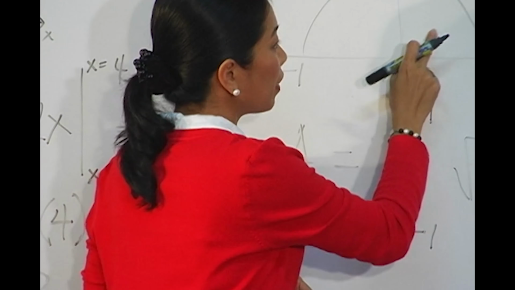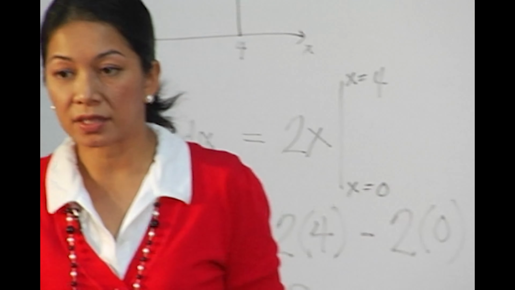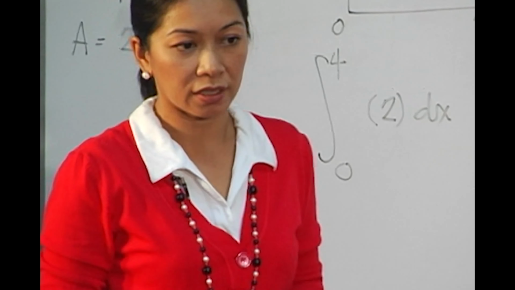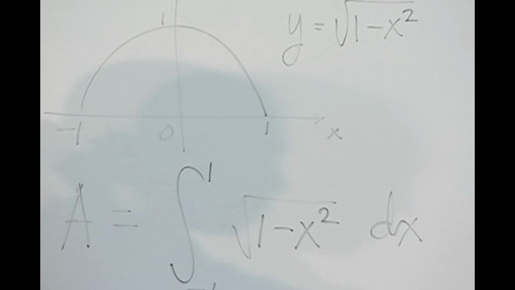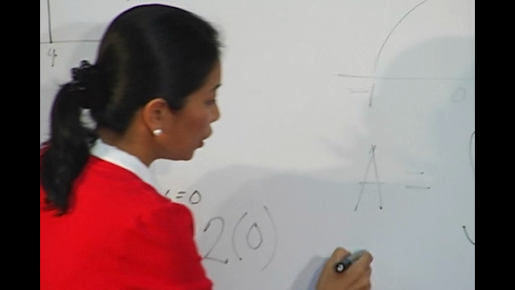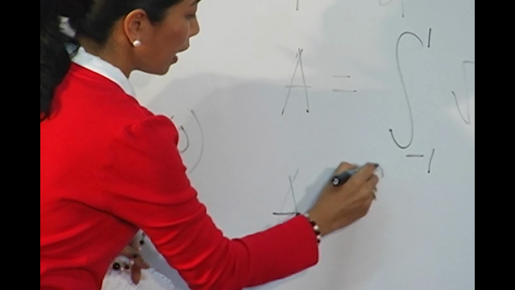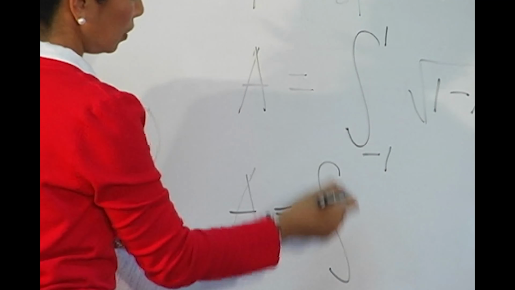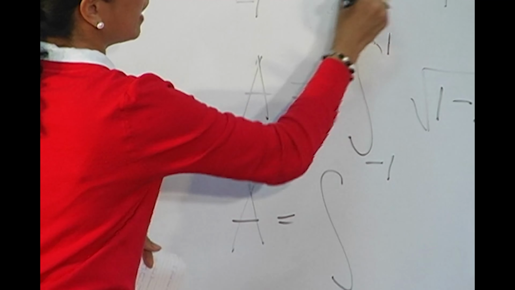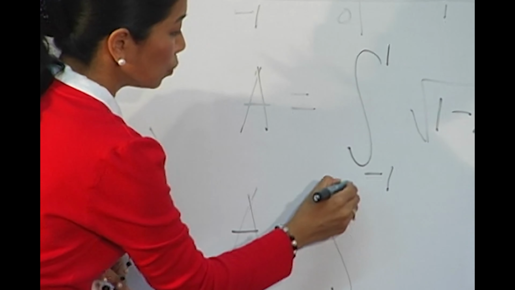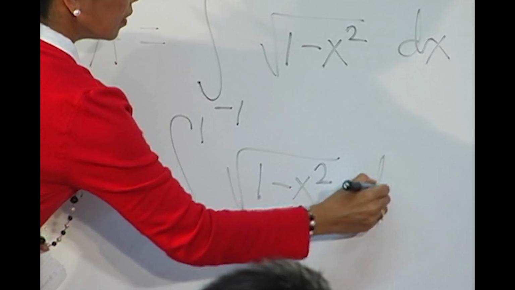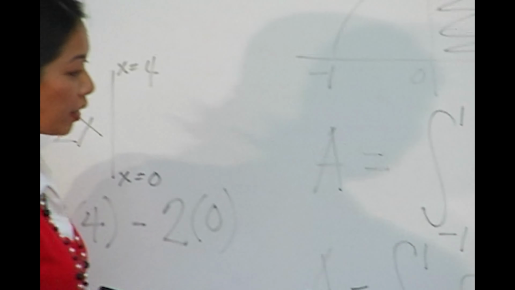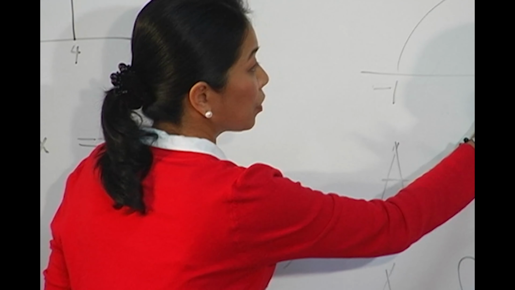But note that there is a very important property exhibited by the semicircle centered at the origin. There is symmetry. This part on the right of the y-axis is exactly the same as the part on the left. Therefore, you can say that if we get this area from 0 to 1, you have different walls, same ceiling, same floor, except that this is the right side.